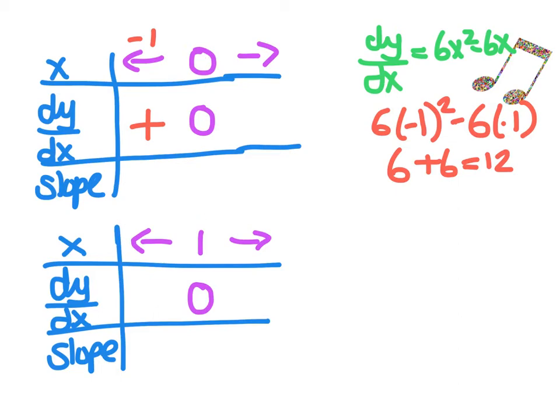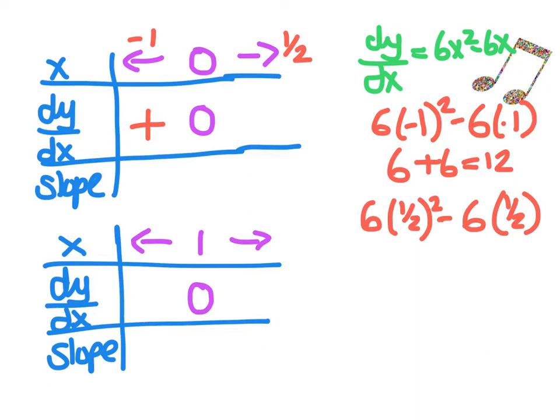Between these 2 points, is my curve decreasing or is it increasing? So I'm going to pick the value of 1/2 because that's in between both of those. So I'm going to say 6 times 1/2 squared minus 6 times 1/2.